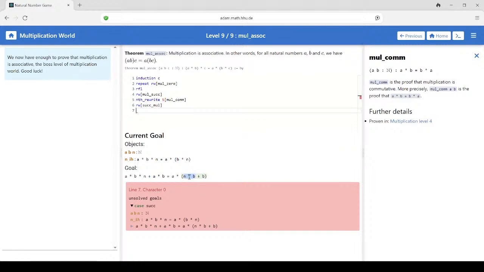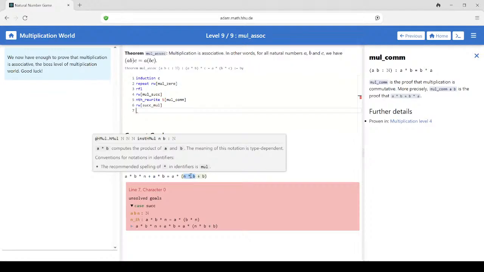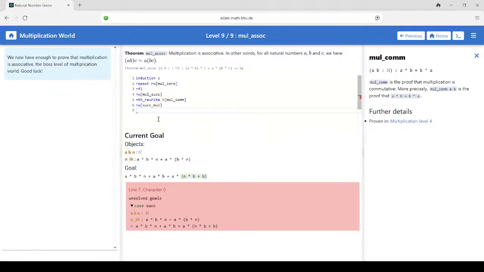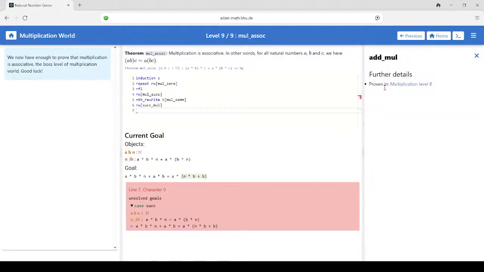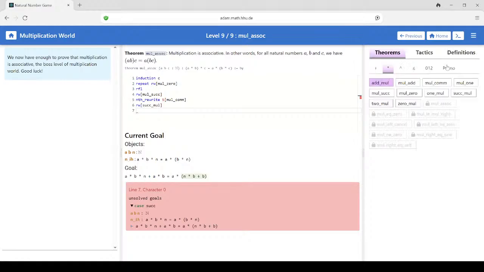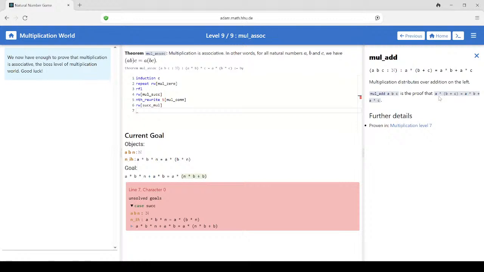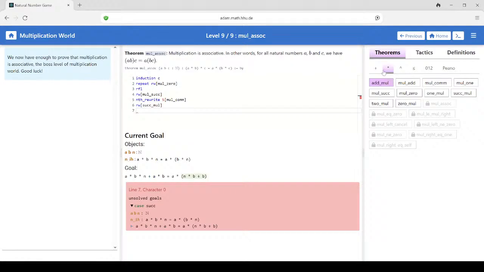Is this anything? A times b times n, a times n times b. Oh, we're in addition?